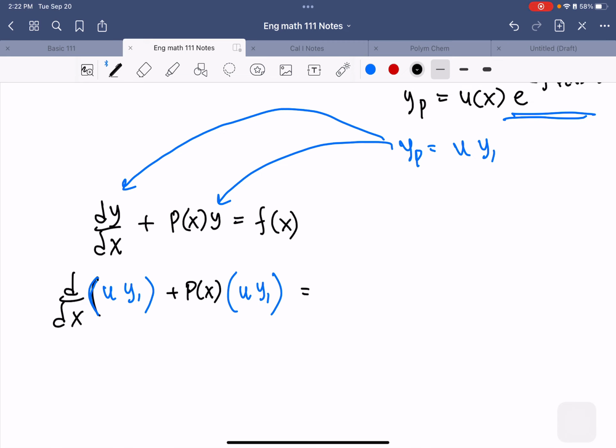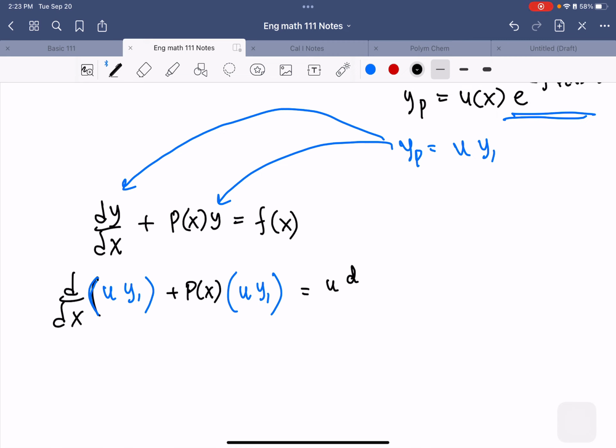Now both terms have both variables, so we are going to have a product rule for u and y1. We will group each u and each y1 together.